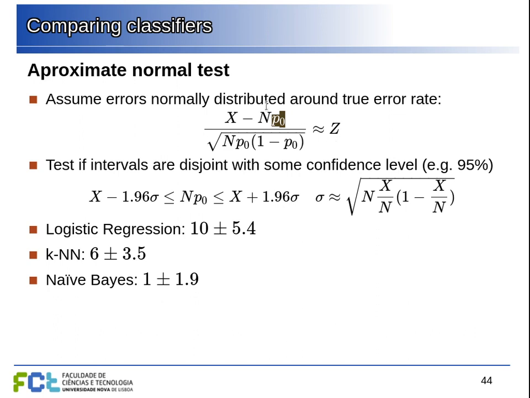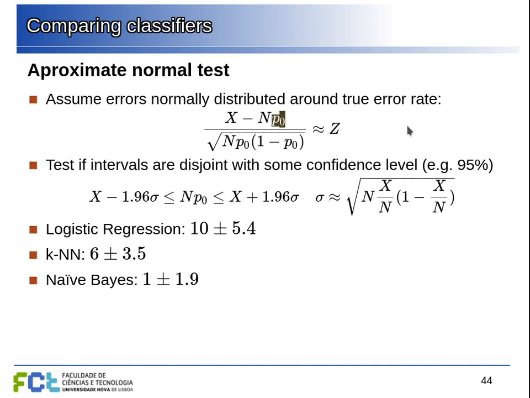However, we can assume that if we use 45 test points and we get, for example, 10 errors, these 10 errors are somewhere in the neighborhood of what we should expect with the 45 test points given the true error of our hypothesis.